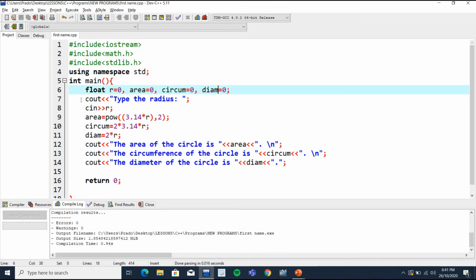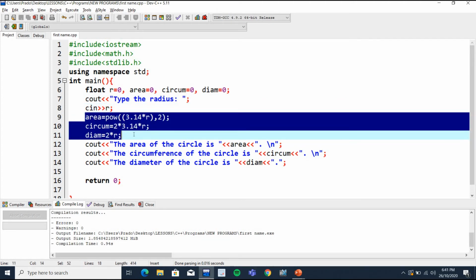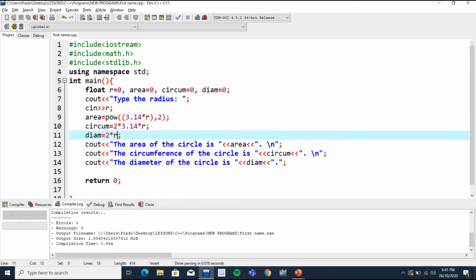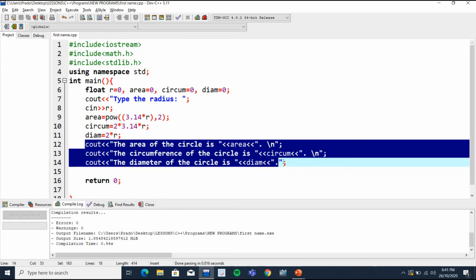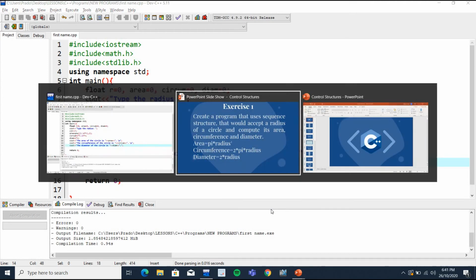And then, cout, and then, kinuha natin yung radius from the user, which is ginamitan natin ng cin and then r. After nito, nilagay natin dito yung formula na gagamitin po natin for the area, circumference, and diameter. And dito po sa huli, saka natin din-display yung mga kailangan nating i-display, which are the area, circumference, and diameter.